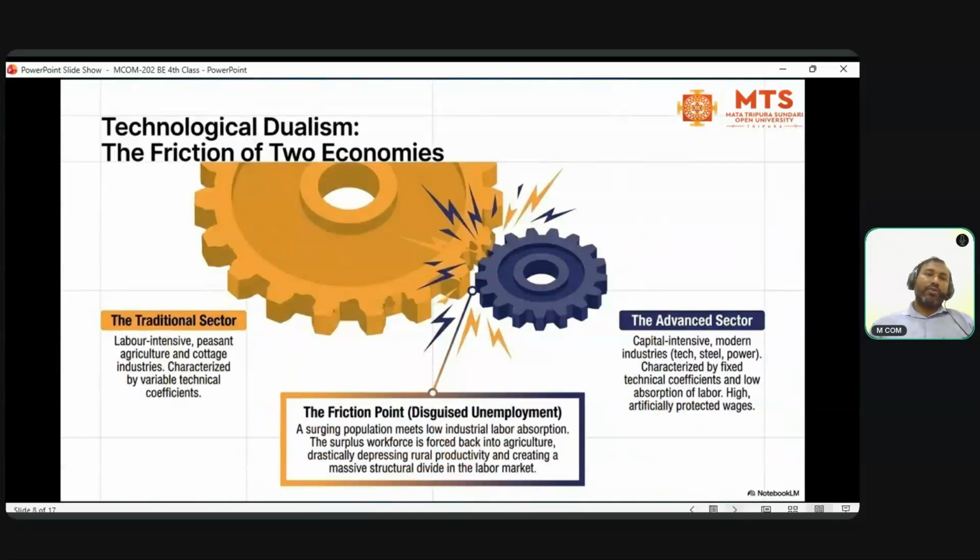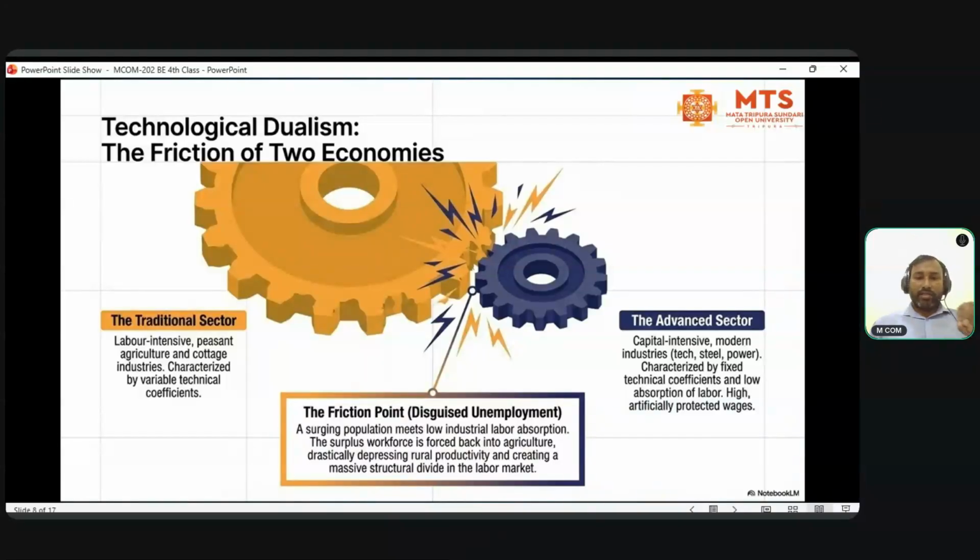So now technological dualism, the friction of two economies. The traditional sector: labor intensive, agriculture and cottage industries, characterized by variable technical coefficients. The advanced sector: capital intensive, modern industries, tech, steel, power, characterized by fixed technical coefficients, low absorption of labor, and high artificially protected wages.